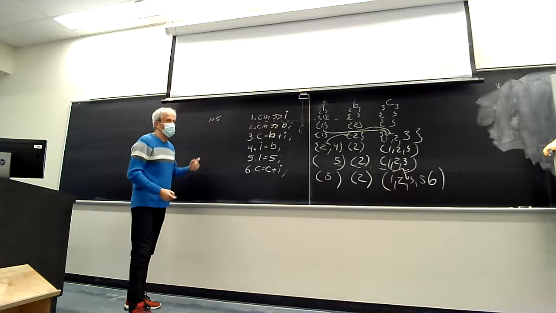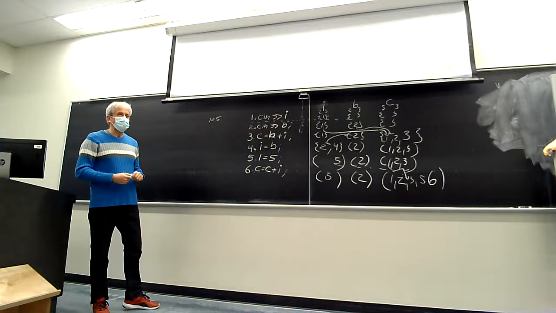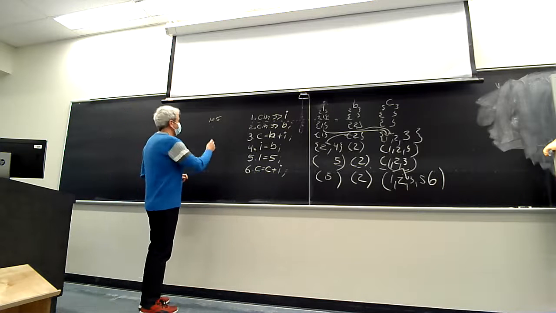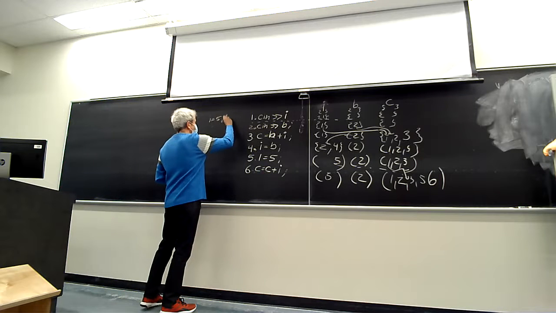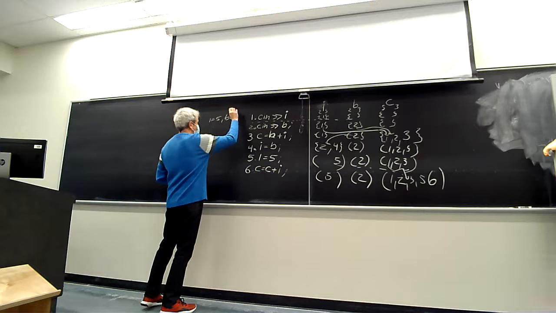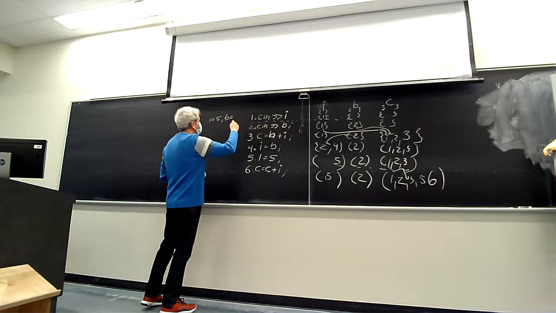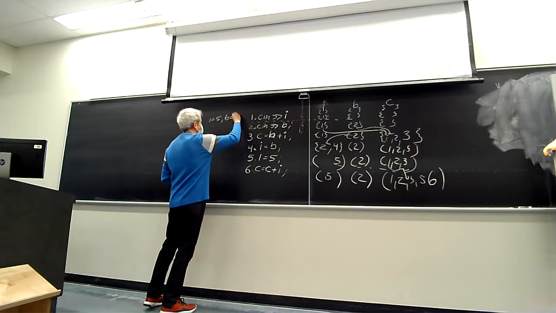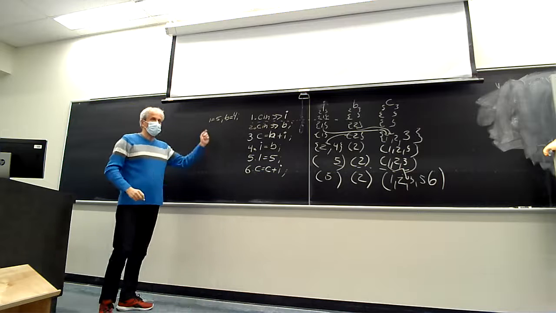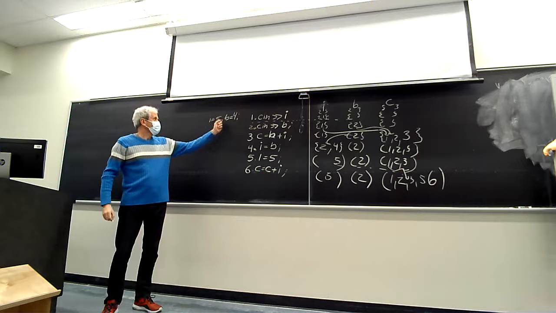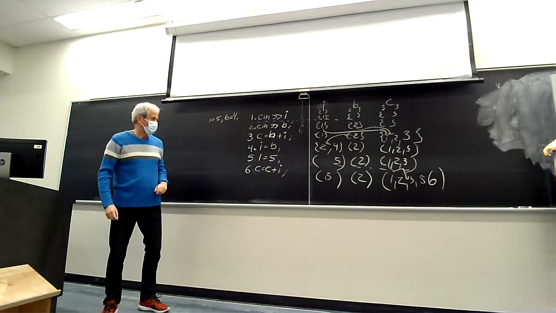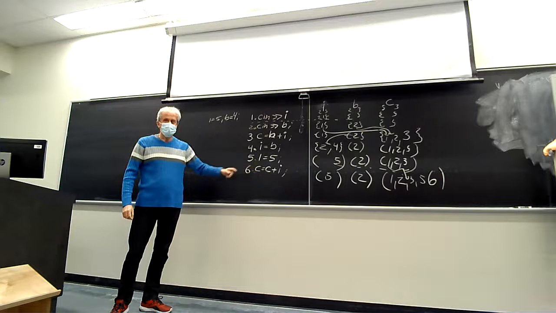But now I have to because I'm going to add an if statement somewhere. It really matters, but now my input is I equals 5, B equals 4. And I change a little bit my program, okay?